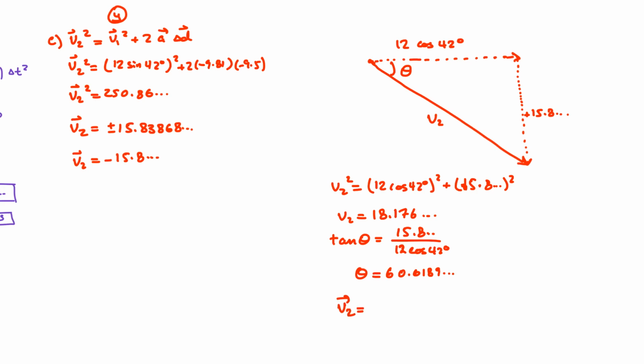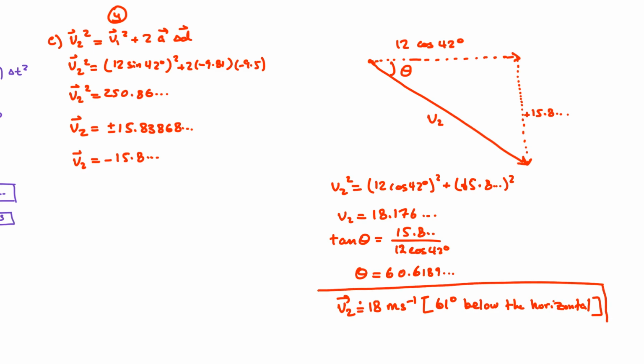Velocity 2 is going to be approximately, writing my final answer to two significant figures, 18 meters per second. And for my direction, it is 61 degrees below the horizontal. And that is my final answer.